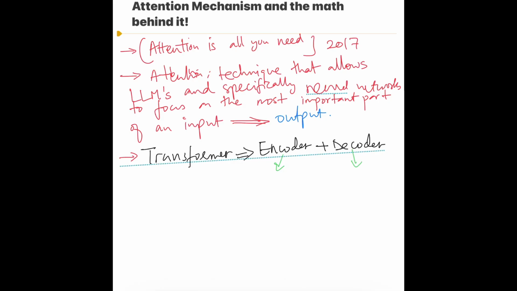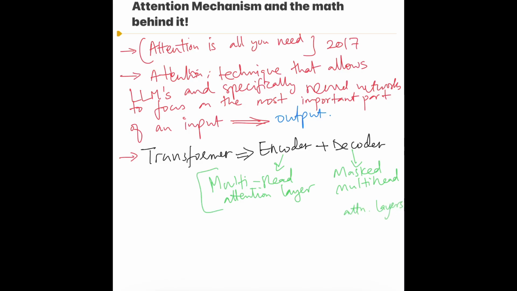There's a slight nuance. In the encoder block, there are multi head attention layers, and in the decoder block, there are masked multi head attention layers.